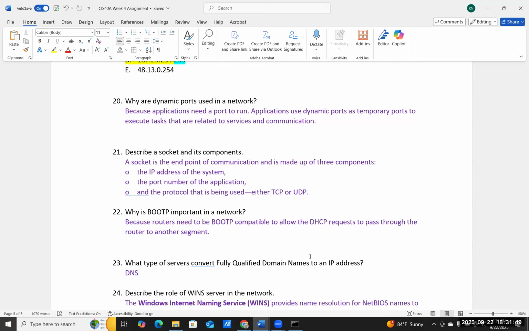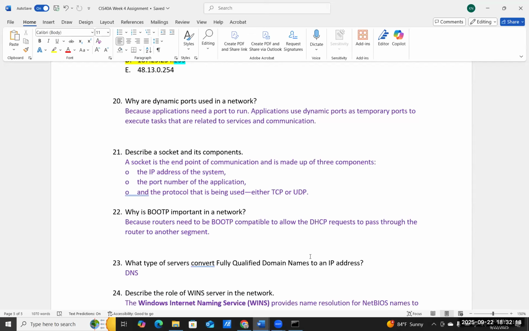22. Why is BOOTP important in a network? So when you configure a router, especially a router that would handle DHCP requests. For example, if I remotely work from home, I need to connect to my computer at my desk at work. I have to authenticate and connect through the firewall, so it routes in my traffic.